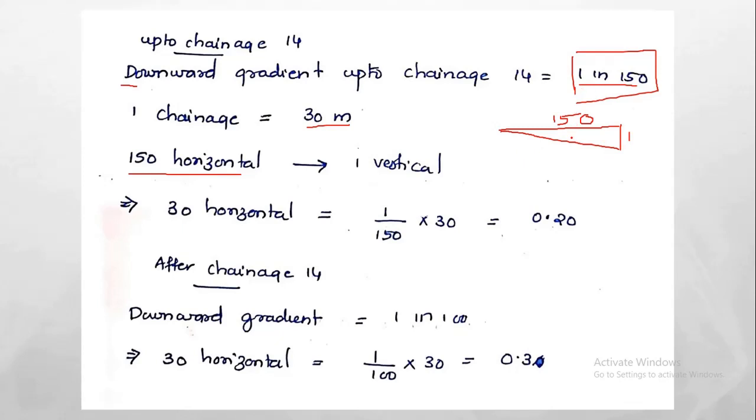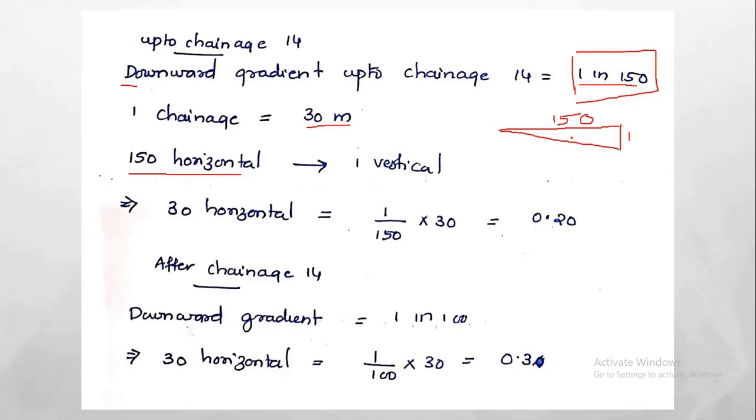So that's the meaning of this term 1 in 150. That means for every 150 meter, for example, there will be 1 meter difference in the vertical direction. That is applicable in all the units. For example, if we consider 150 centimeter or 150, in all things it will be same.